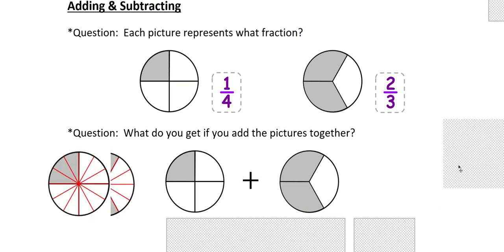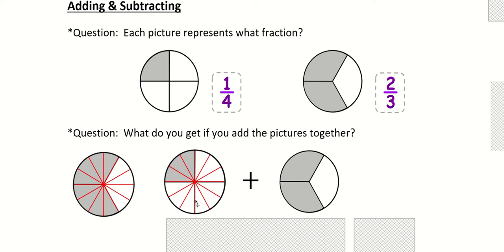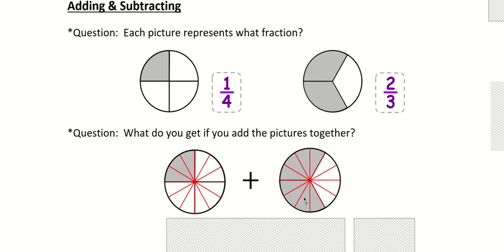Well, to cut to the chase, adding these two fractions together picture-wise becomes a whole lot clearer if you slice both pictures up into what? Once you throw the red lines on there, this was fourths, we cut this pizza up into fourths, and this pizza was cut up into thirds, or the circle, whatever.